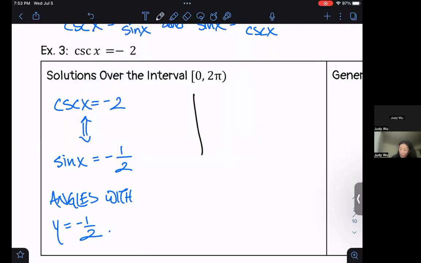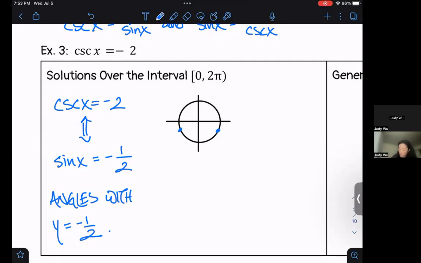So let's get a diagram here. Let's get a diagram here. Right. And let's think about where the y values could be -1/2. And there should be one right here and one right here.